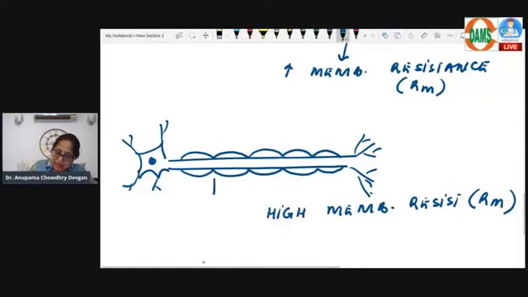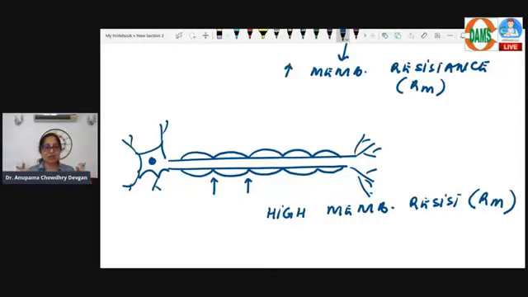But you know that a myelinated nerve fiber has the presence of nodes of Ranvier, isn't it? Nodes of Ranvier are areas where there is no myelin. Between two nodes of Ranvier, the myelin is produced by one Schwann cell.